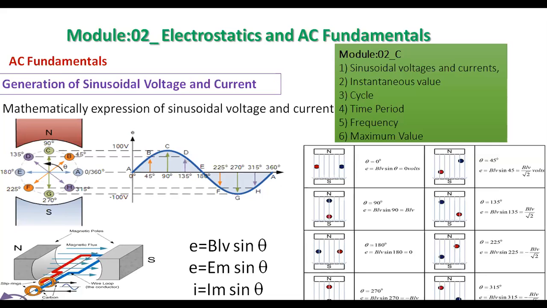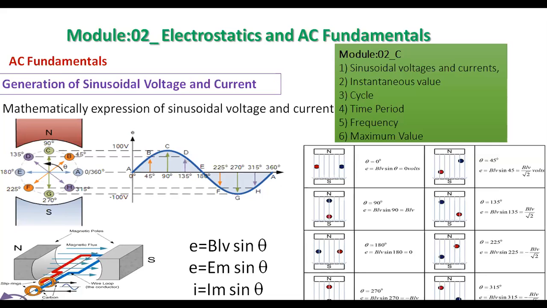This EMF induced in a conductor also depends upon the theta angle, that is the angle of rotation. It depends upon the sine of theta. So the EMF induced in this conductor is given by BLV sine theta. At 0 degree, EMF induced in this conductor is 0 according to this expression.